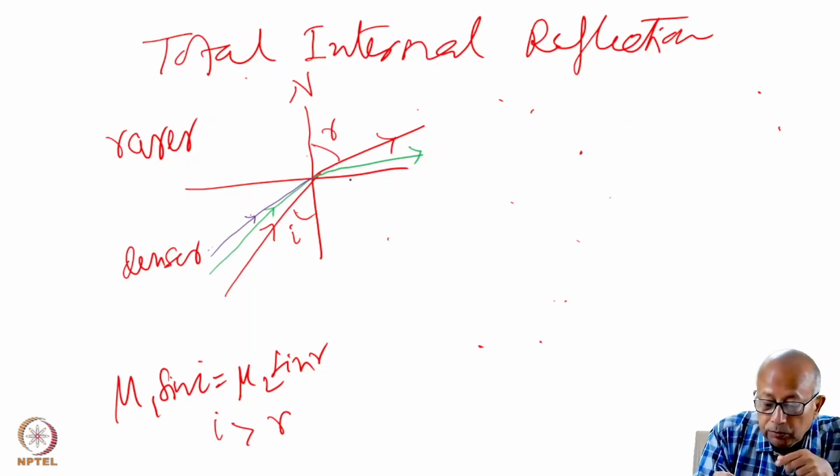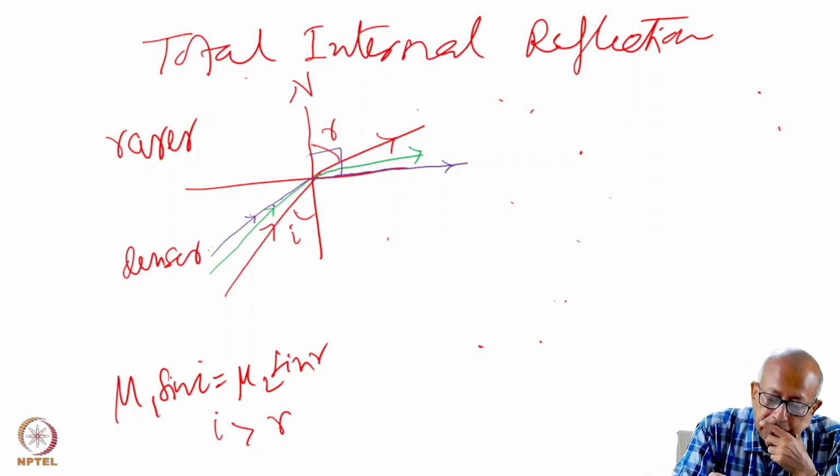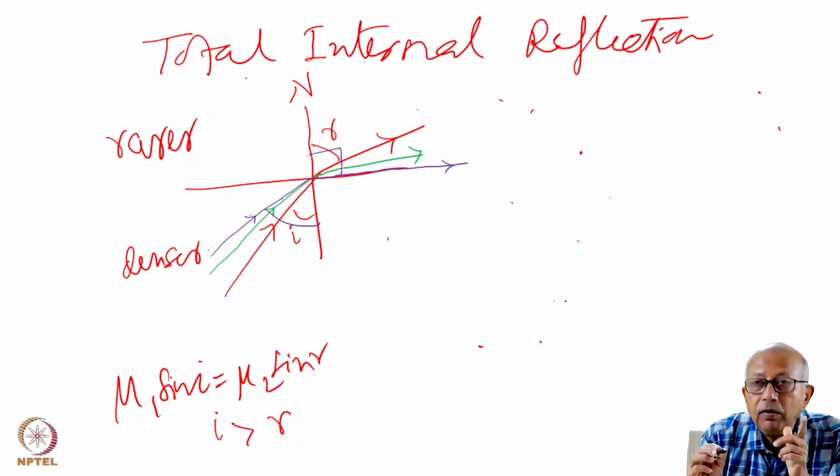And let us assume that in this case, the angle of refraction becomes 90 degrees. That means the refracted ray just grazes over the interface. So for this angle of incidence, the refractive angle has become 90 degrees.